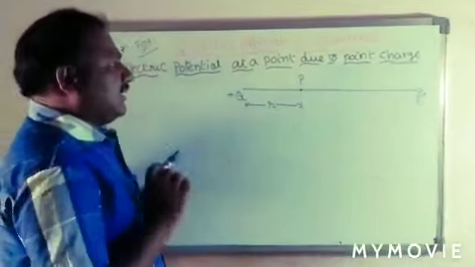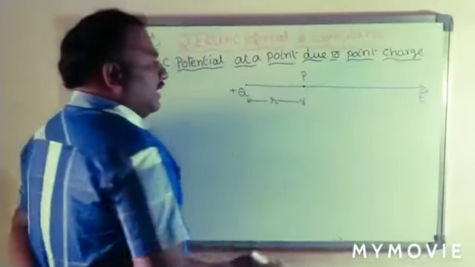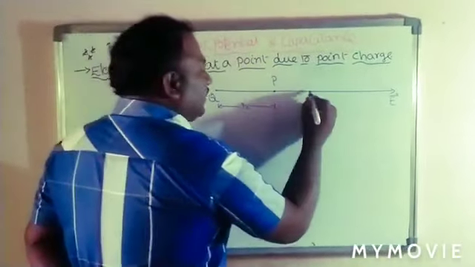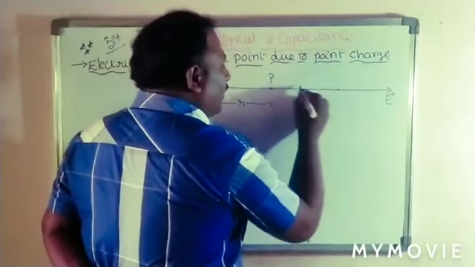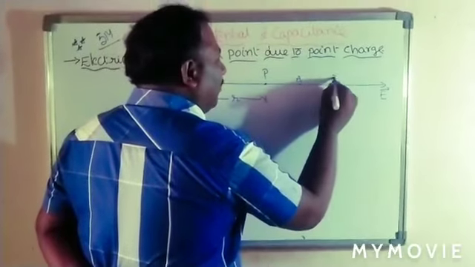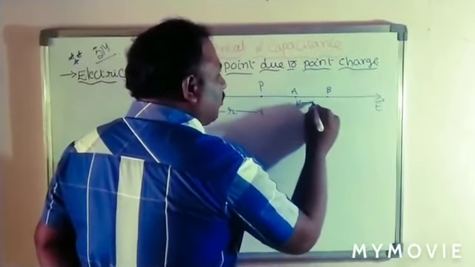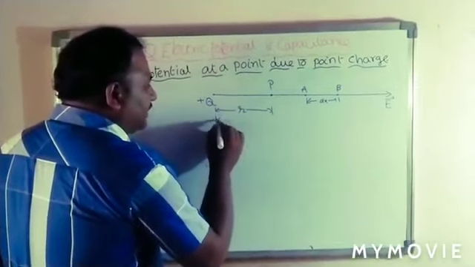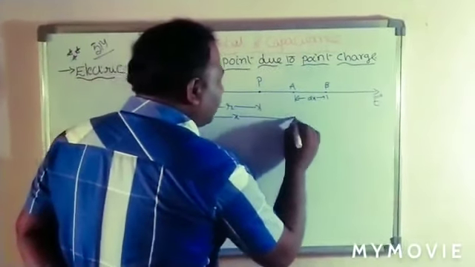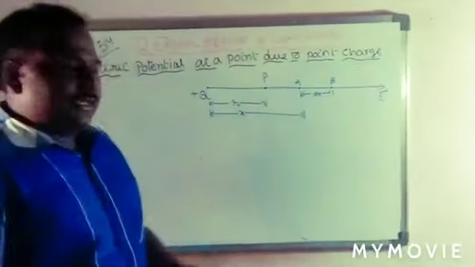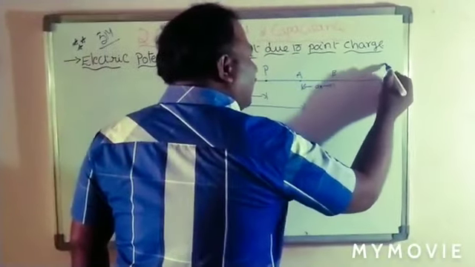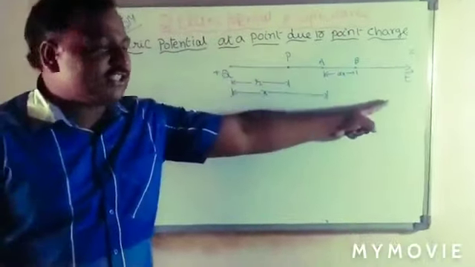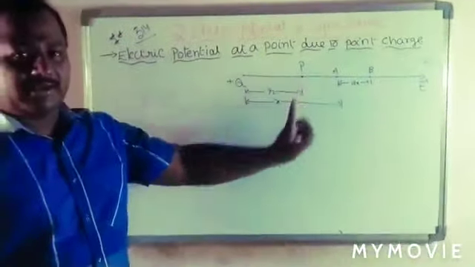To calculate that, we have to consider a special condition, that is a small distance. Here I consider 2 points A and B. The distance between these 2 points is dx, where A is at a distance of x from the point charge. I want to move a 1 coulomb charge from infinite distance to the point P in the electric field.